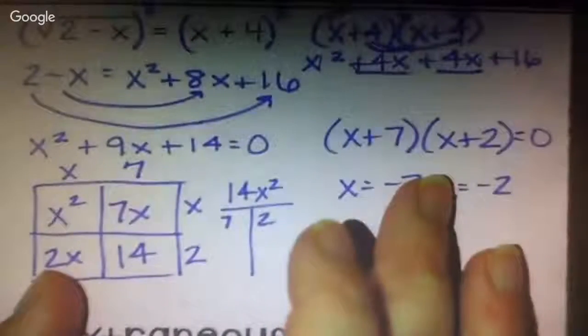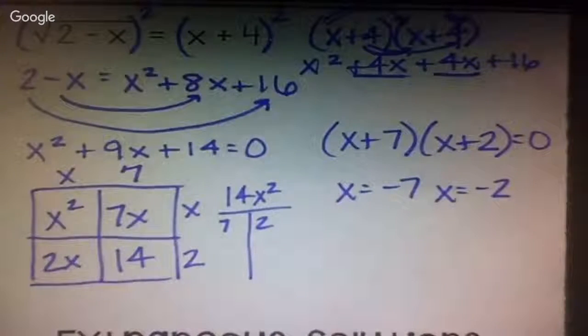Okay, so plug in -7 here. We get the square root of 9. Hold on, let me actually plug it in so you can visualize it.